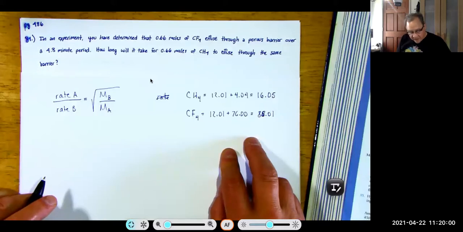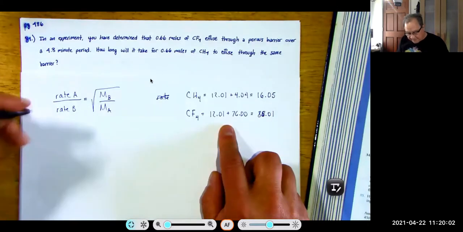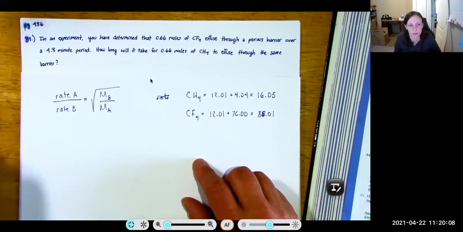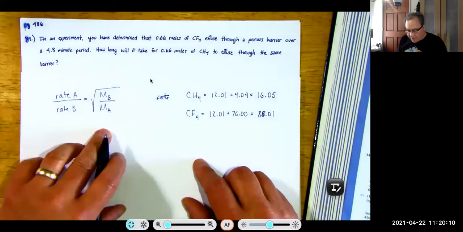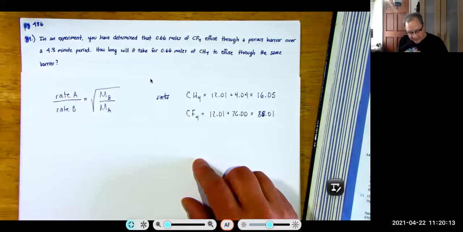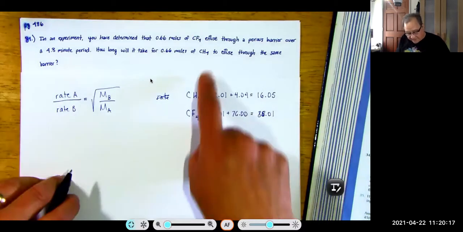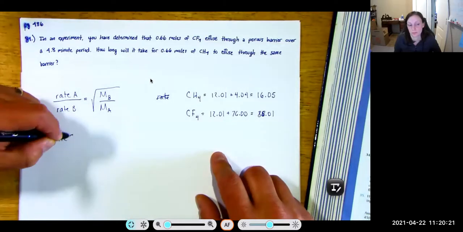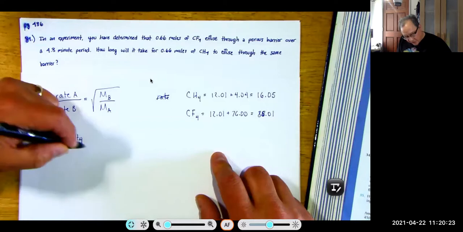Okay, now how do you want me to set this up? Well, we're going to plug in the molar masses of each. Right, but what do you want me to use for the rate of A and the rate of B? The rate of A we don't have because that's CH4, right? I'm going to put rate CH4. I'll start it this way.